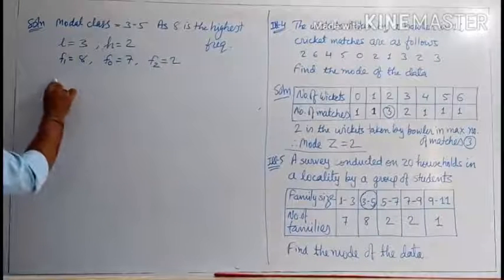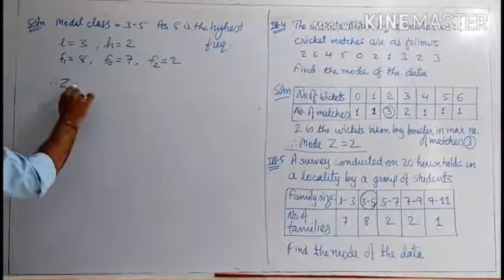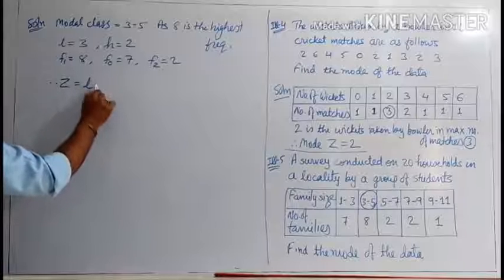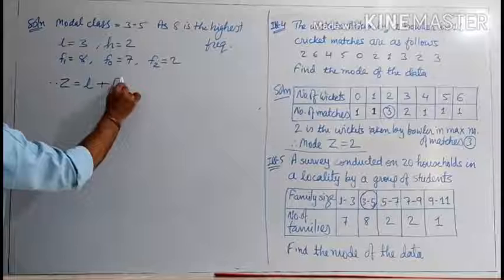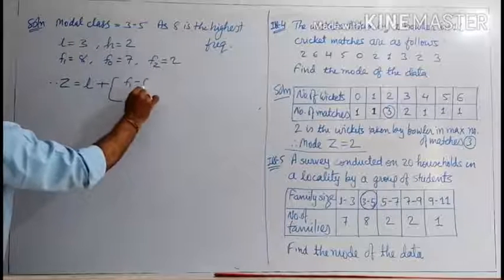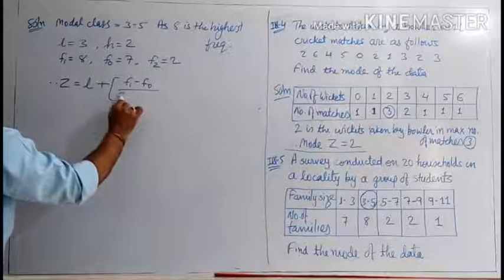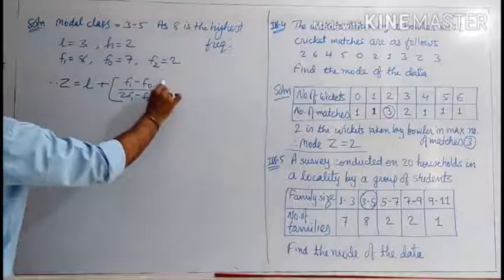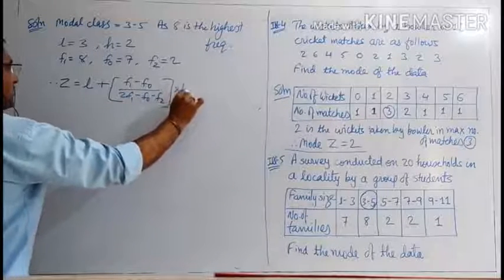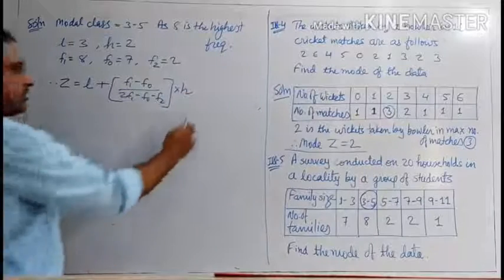So now we can find out the mode: mode is equal to the lower limit plus, in bracket, f1 minus f0 divided by 2 times f1 minus f0 minus f2, multiplied by the class width h. Is it clear?